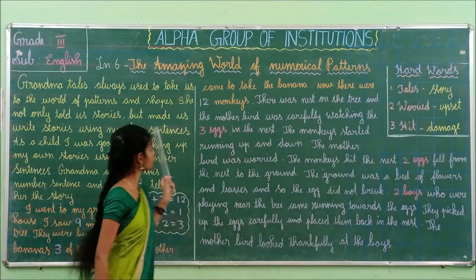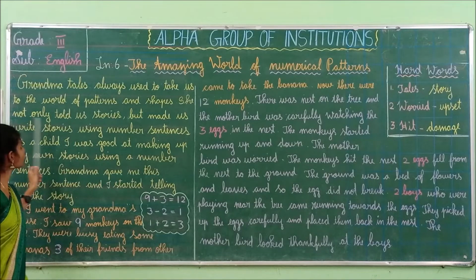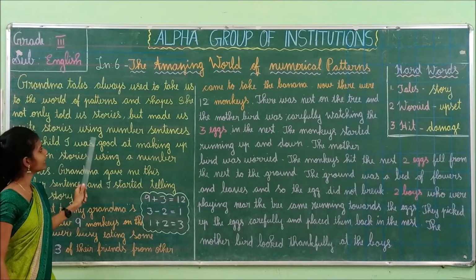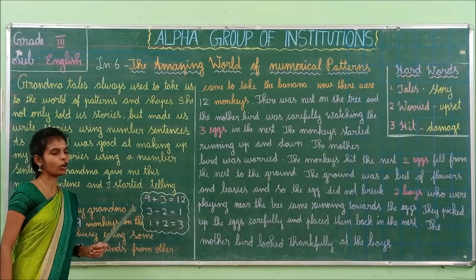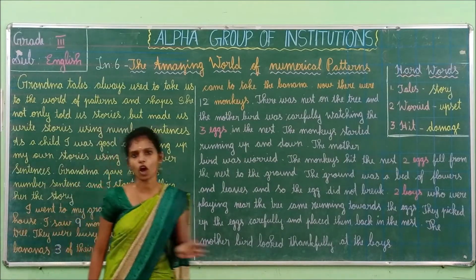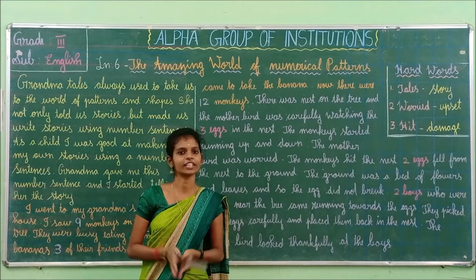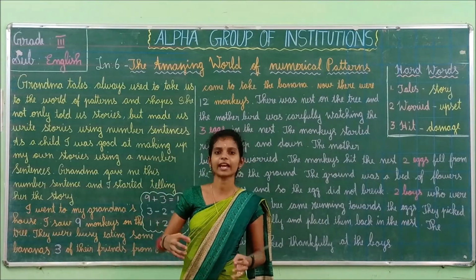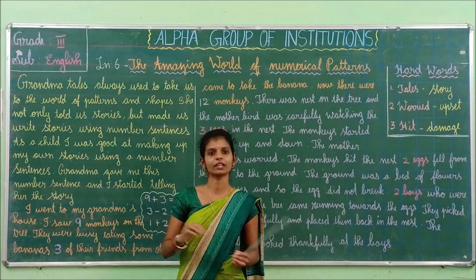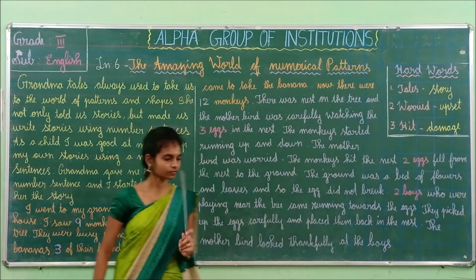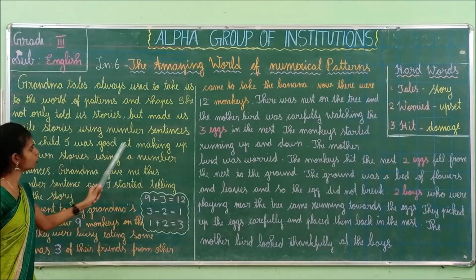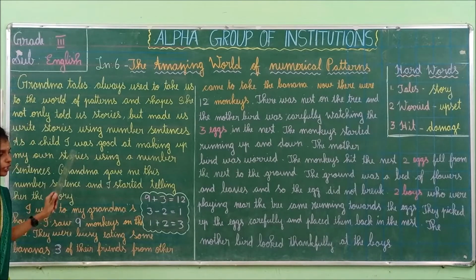So see the next. She not only told us stories but made us write stories using number sentences. So she did not stop at telling the story. What did she do? Yes, she asked her grandson to make his own stories by giving some numbers. Next, as a child, I was good at making up my own stories using number sentences.